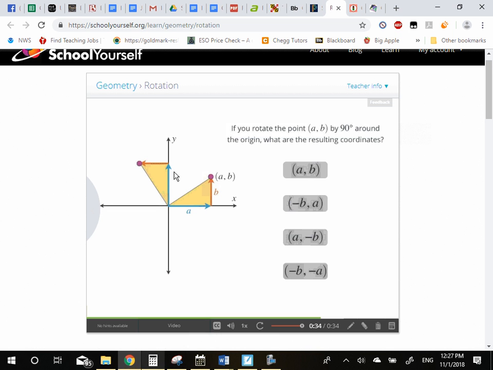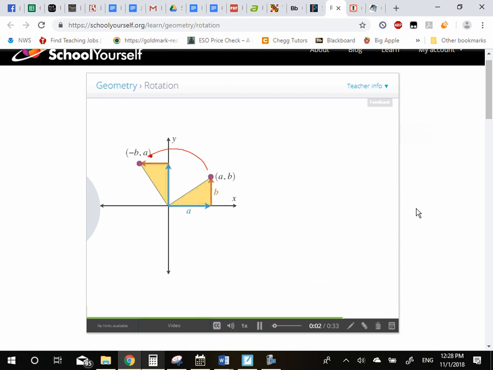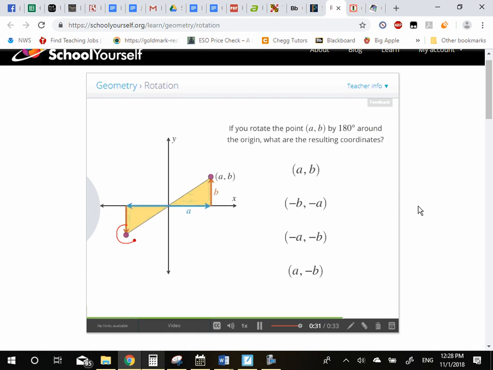This blue line is your A, and this orange line is your B, or BA. Where are we at now?